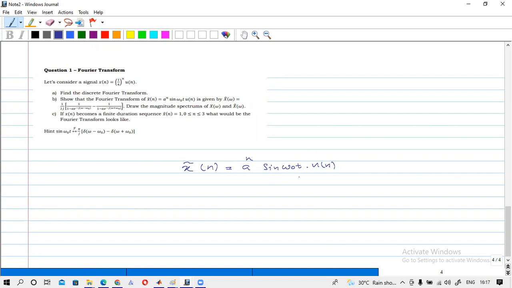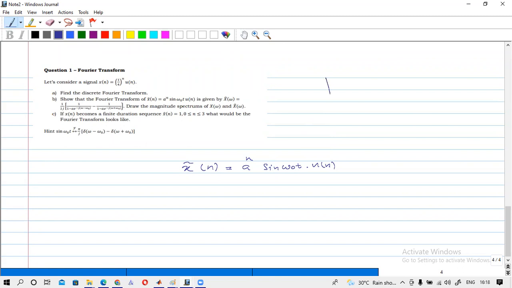I think it is better if you write this as n, but I think no issue with this t also. We can get some result with this t, because actually this is somewhat equal to sampling.